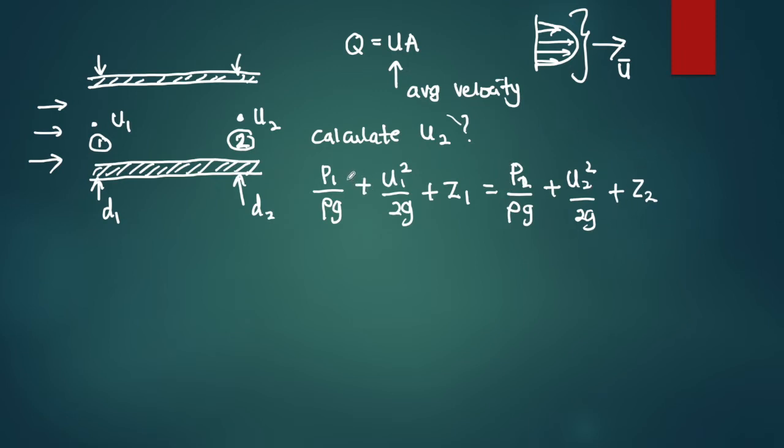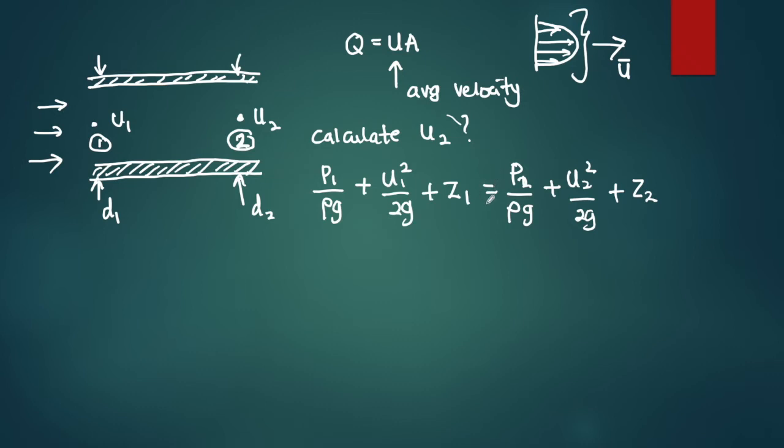You must remember it is not necessarily true that P1 is the same as P2 in value, because the pressure energy might have changed. Maybe the pressure energy will convert into kinetic energy, or pressure energy into potential energy, and the summation must be the same.